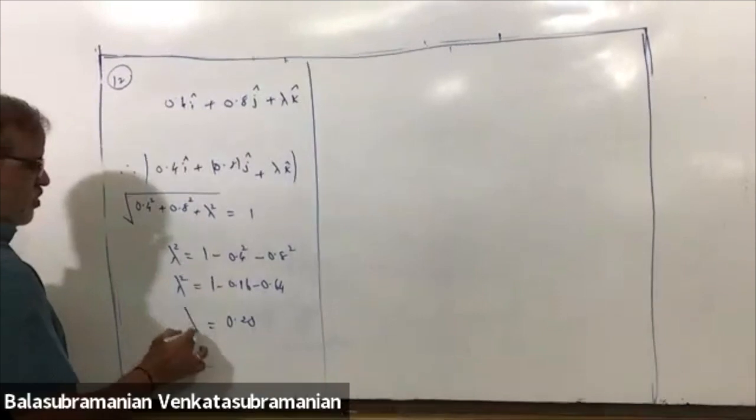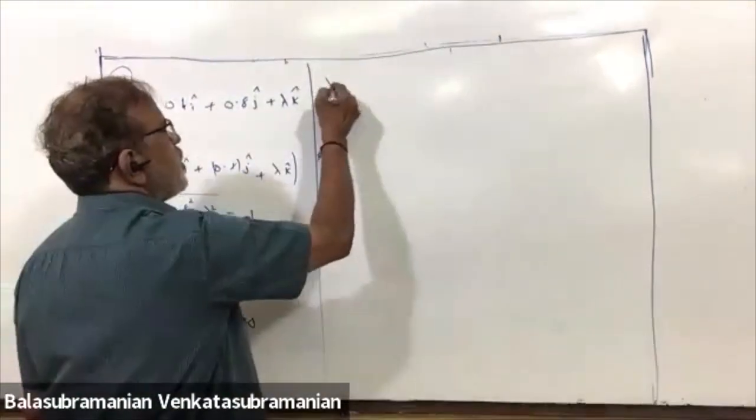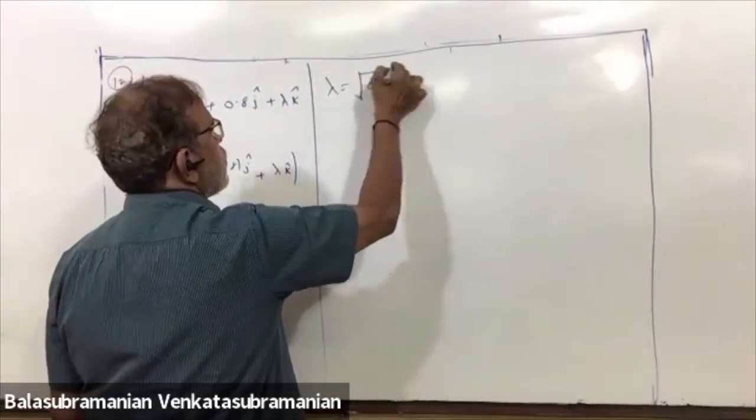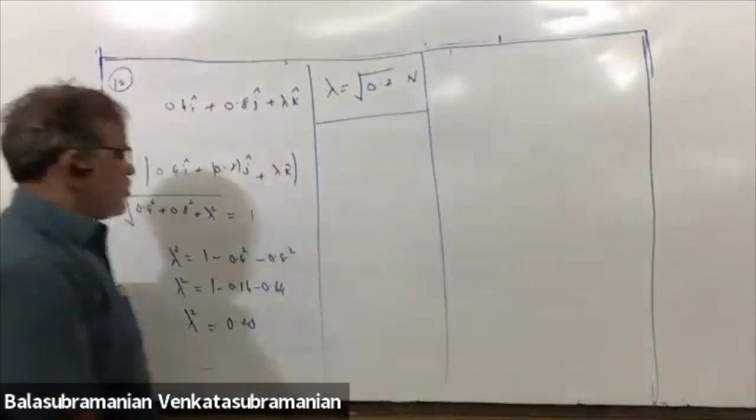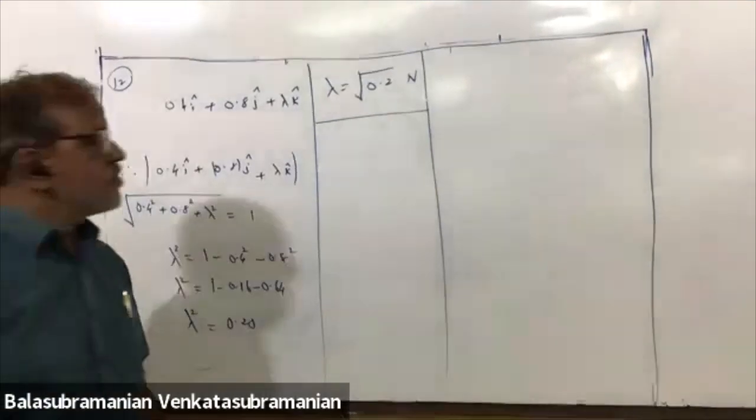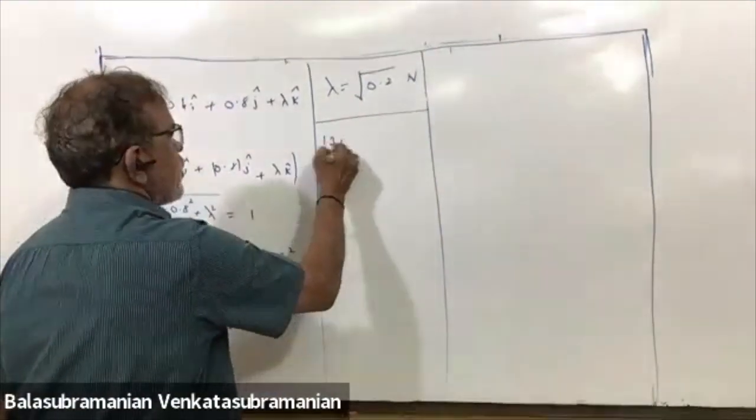That is lambda square. So lambda will be root of 0.2. Okay, fine. Next, 13th problem.